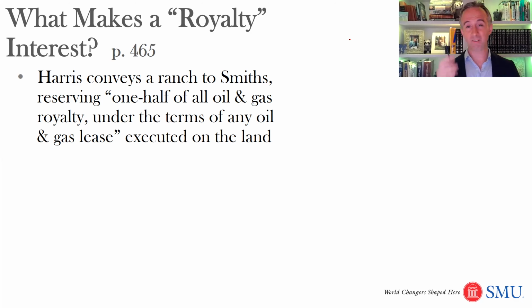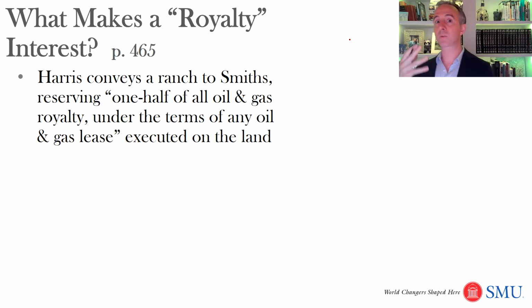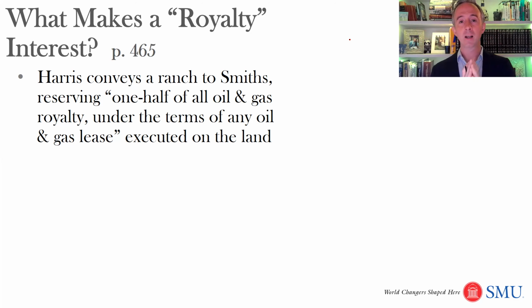So remember in the Govenda case, if I said I want 50% of all oil and gas that's produced on that ranch, then probably there would never be any production because no oil and gas company is going to agree to that. But if I said, well, I just want a 16th, half of the normal royalty, well, what if this land is really good? And so I could have gotten more. I could have got half of a third or half of a quarter, the lesser royalty that ultimately developed.